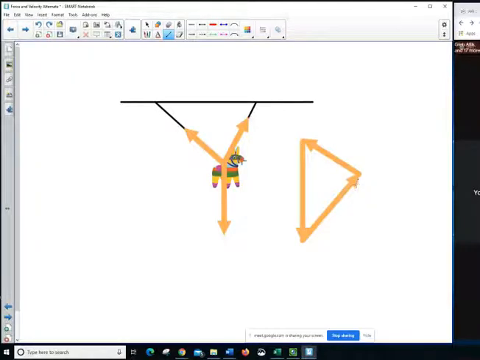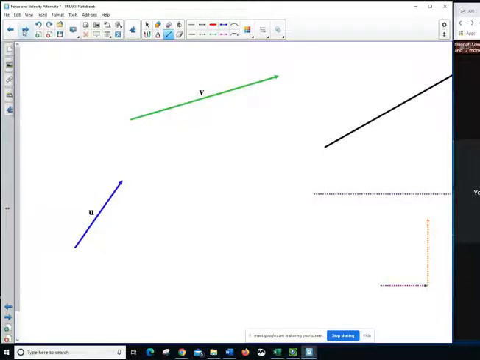All right. So the last thing I'm going to introduce right now, actually, no, before I do that, as I said, I was going to talk a bit about this idea of components. Now, sometimes, and we'll see in one of our questions, it's useful for us to talk about forces as being broken up into a sum of other forces.